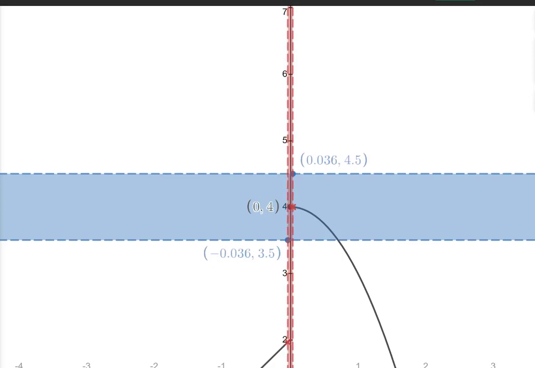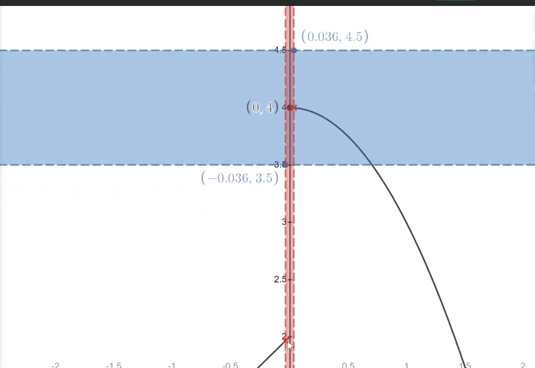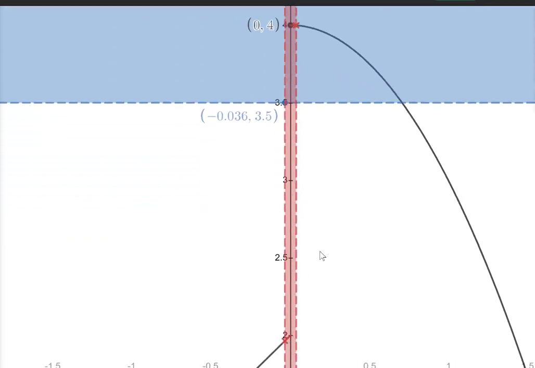I keep doing that forever and ever, so I'll never be able to find a delta that works for this particular epsilon. But I don't even have to show it for all epsilon because it fails for one. Remember how the definition said it has to work for all epsilon. So if I'm trying to disprove something, it's enough to show that it doesn't work for one epsilon, since it has to work for all of them.